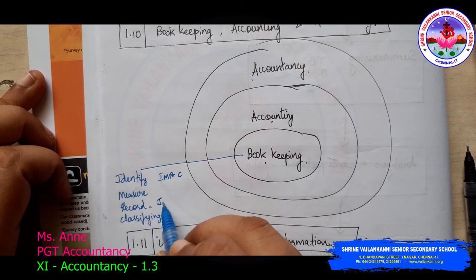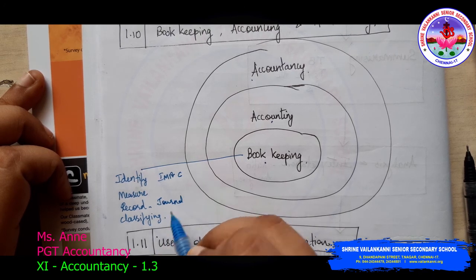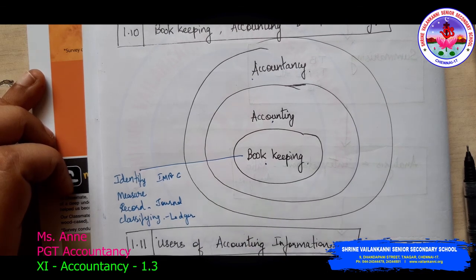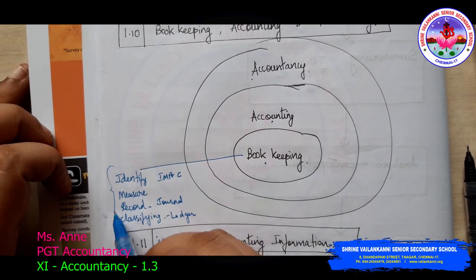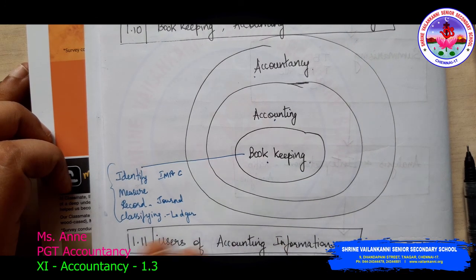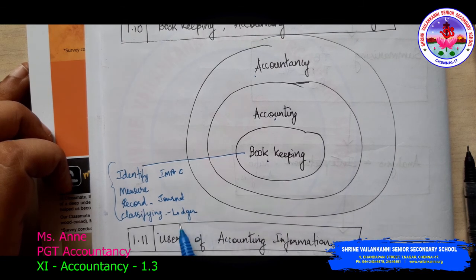So recording in terms of journal and classifying in terms of ledger. Up to this, it is called bookkeeping. You have a separate book for journal, and separate books for ledger.